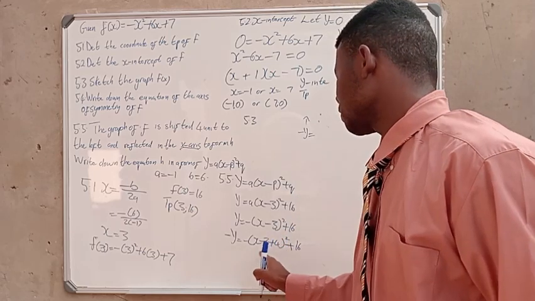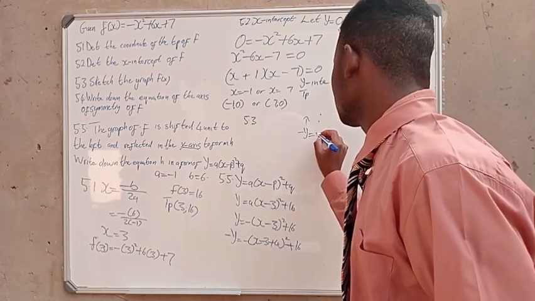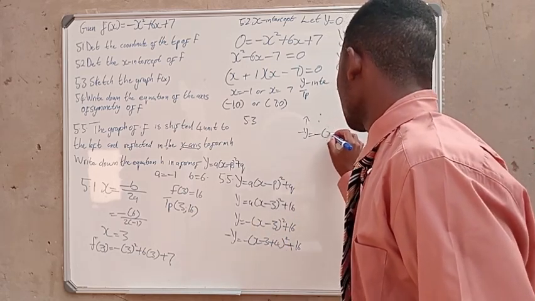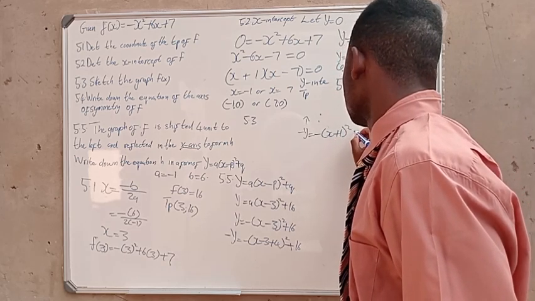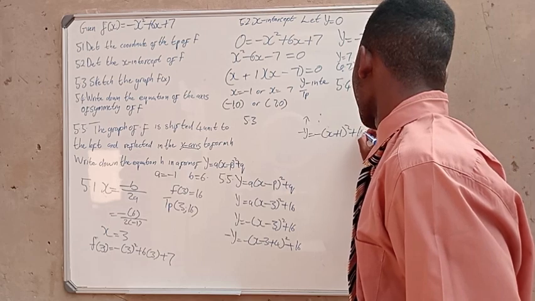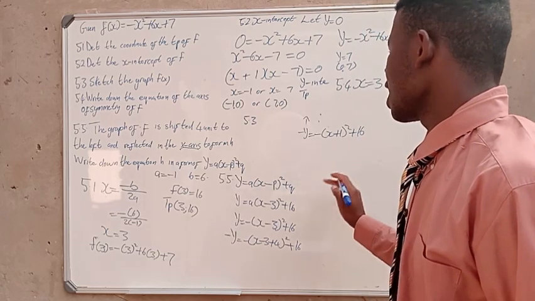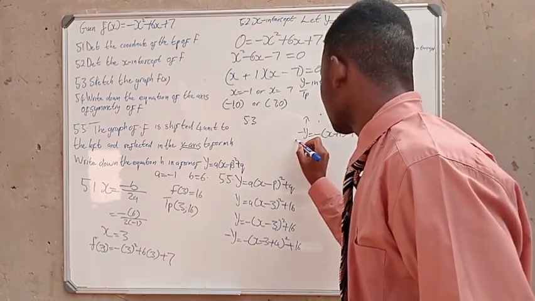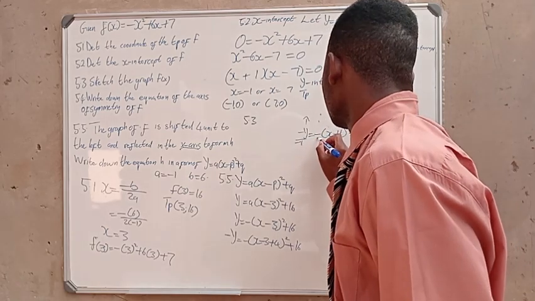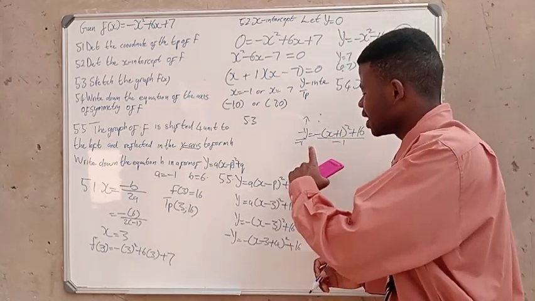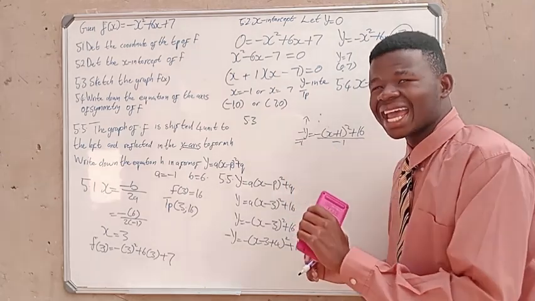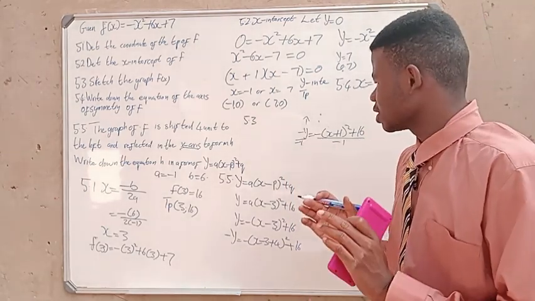First things first, let me simplify what is in this bracket: minus (x plus 1) squared plus 16. And then after here, you divide by negative 1. Why do you divide by negative 1? We want to make y the subject of the formula.